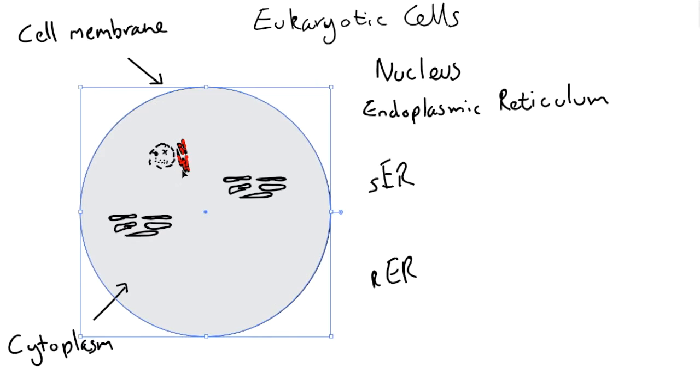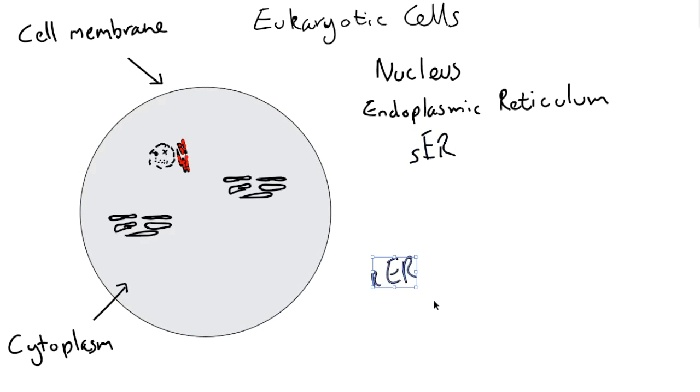And the reason it's stuck onto the nucleus is because the information to make proteins comes out of the nucleus. It doesn't want to wander around the cell, so it goes straight to the ribosomes on the rough ER, which can then synthesize these proteins. So you've got the smooth ER and the rough ER. Do them in brackets.